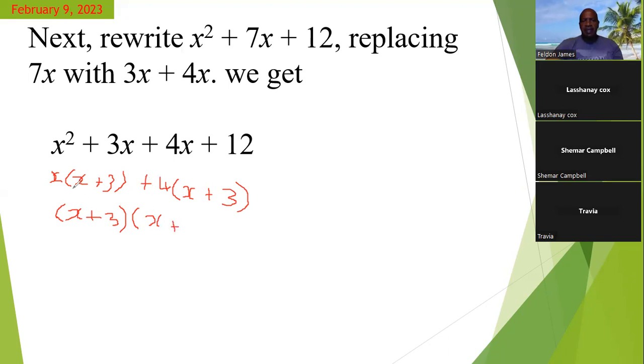Then 4 times x plus 3 divided by x plus 3, the x plus 3 cancels, leaving 4. Close your brackets, and those would be your factors. Any question about that? Is that clear to everyone? Let me see your hands, guys.